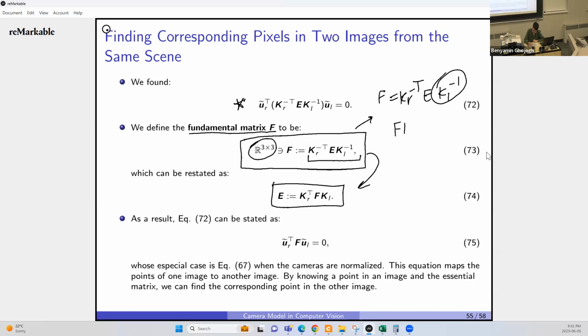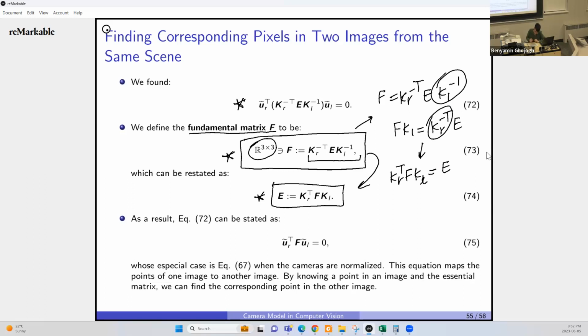Then we'll have F KL equals KR inverse transpose E. This is a pain in the neck. Left multiply KR transpose. Then KR transpose F KL equals E. Exactly what we have in equation 74. Okay? So these two equations are important. They are a restatement of each other.